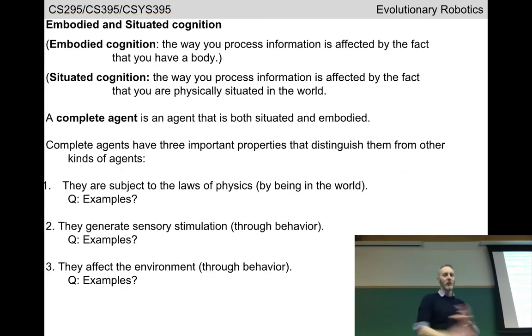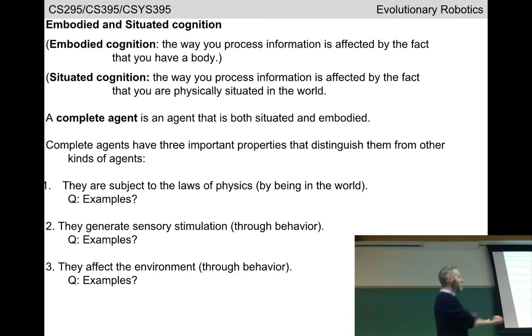Okay, if we consider an agent, and throughout this course we're going to use this term agent as a catch-all term for an organism, a robot, or a machine. A complete agent is both embodied and situated. It has a body to push against the world, and it has sensors to sense how the world pushes back. Okay.